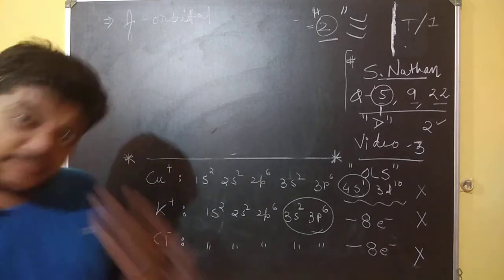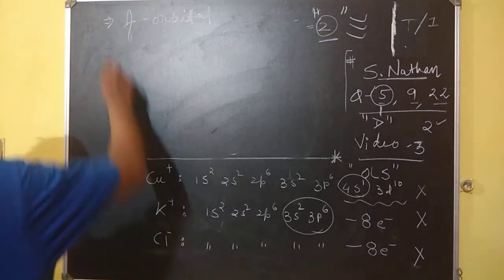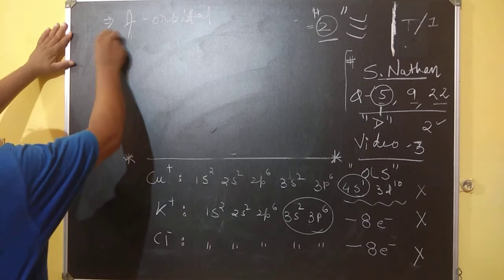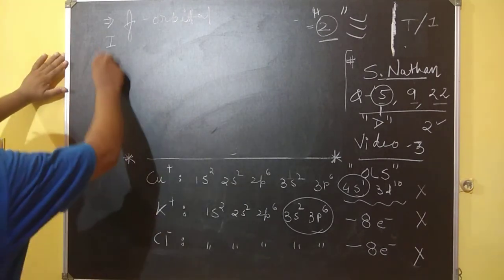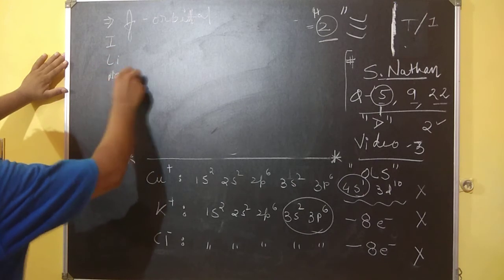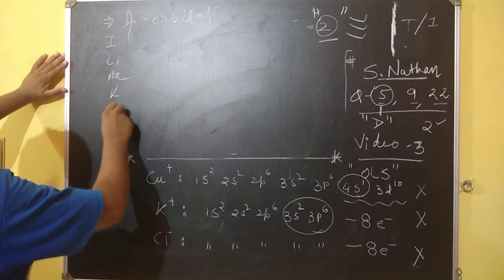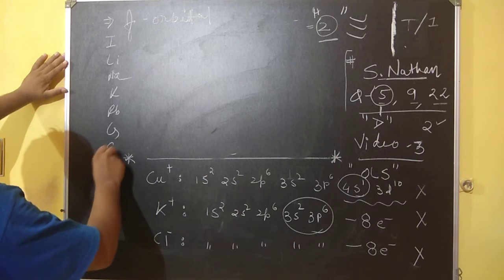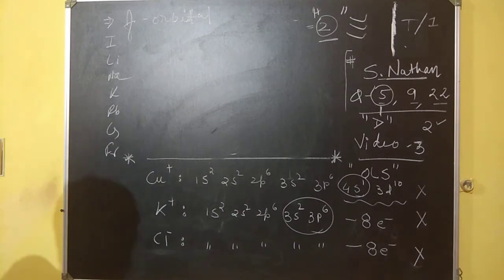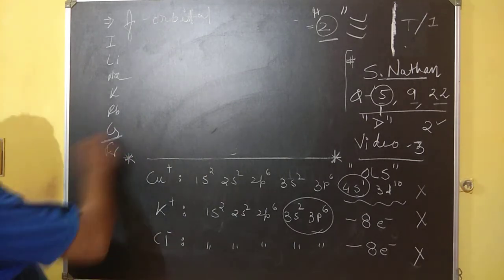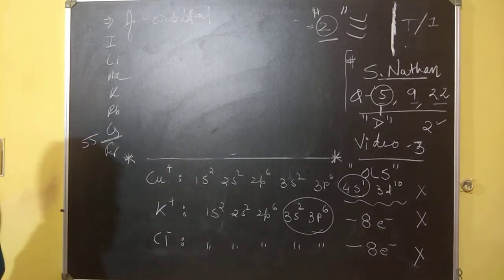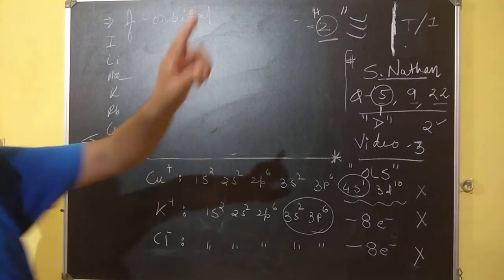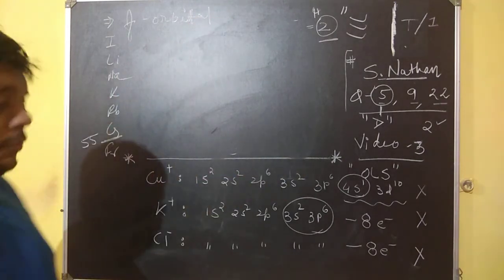Whenever we talk of cesium, the first thing we should know is that it is in group number 1 in our periodic table: lithium, sodium, potassium, rubidium, cesium and francium. So it is very clear we are going to talk of this element, and particularly it is element number 55. When we are coming towards 55, we already know that on the other side there would be 54, the inert gas.